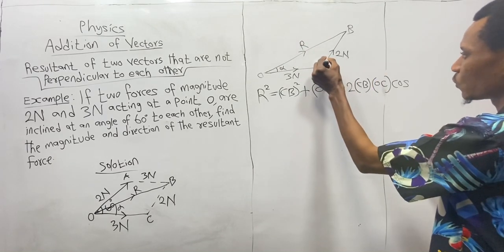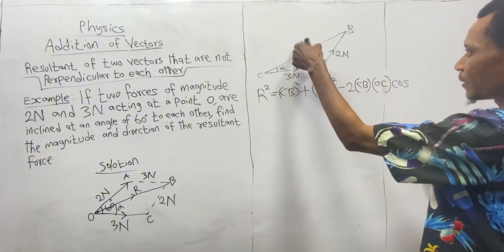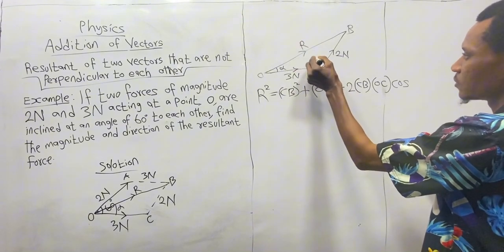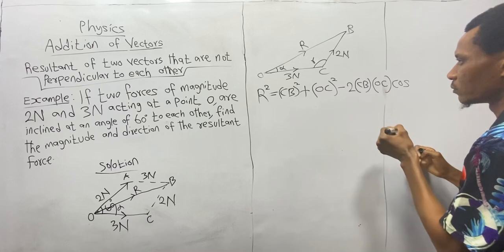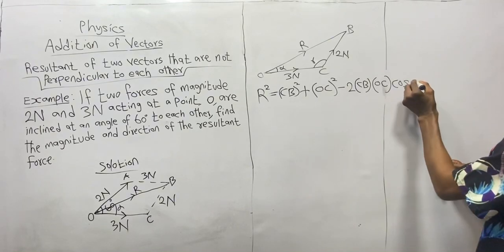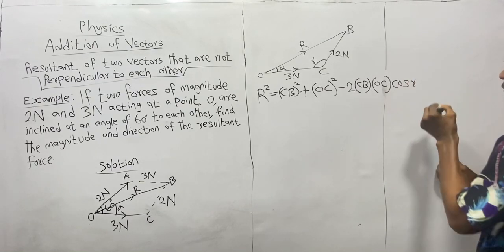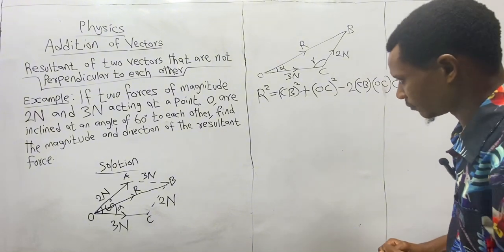Let's see this angle facing this side as small arrow. So let's put cos small arrow there.